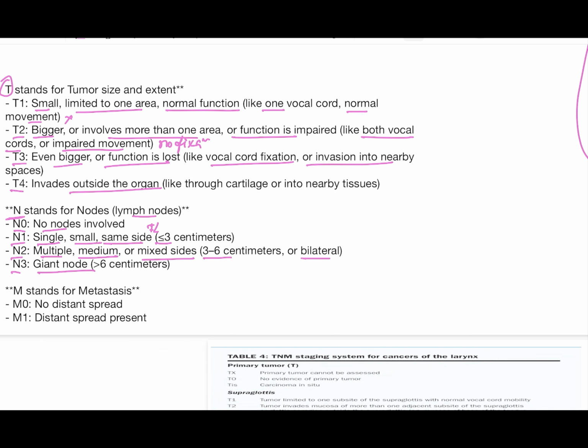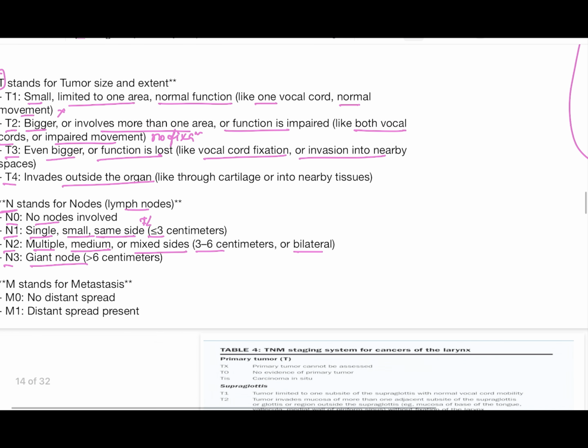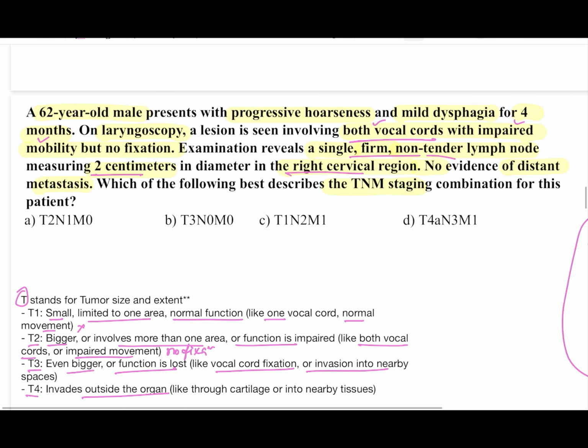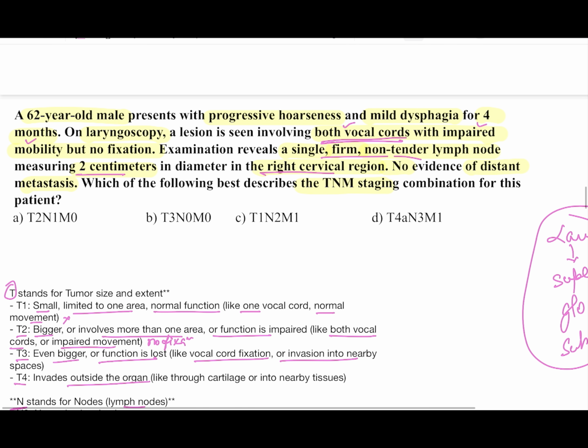N3 means giant lymph node more than 6 cm. M0 is no distant metastasis, M1 is distant spread. So here it said both vocal cords with impaired mobility and no fixation means it is T2. Node is single non-tender, less than 3 cm and right side, so it will be N1. No distant metastasis means M0. So correct answer will be A.